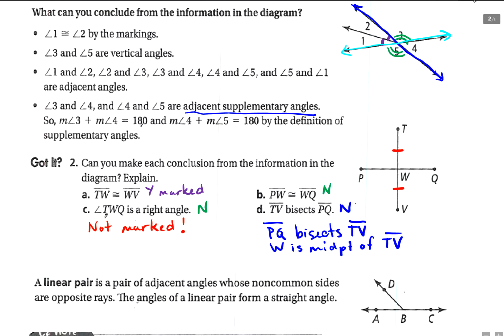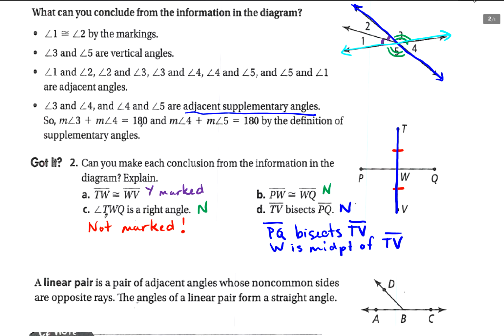There are no markings. We cannot assume congruent. This looks like a right angle. We cannot assume any of these are right angles. None of these are marked. Now let's look at D. Let's look at it very carefully here. It says segment TV, this segment right here, bisects segment PQ.